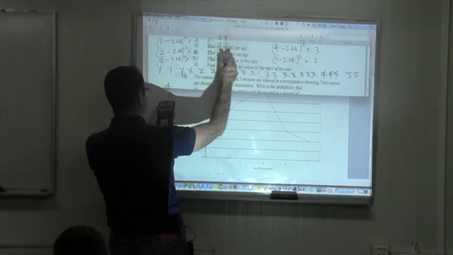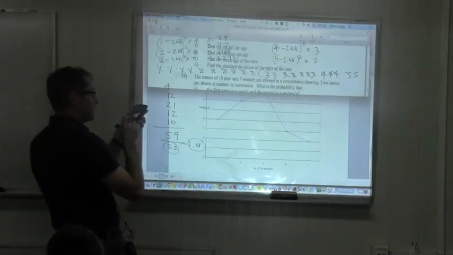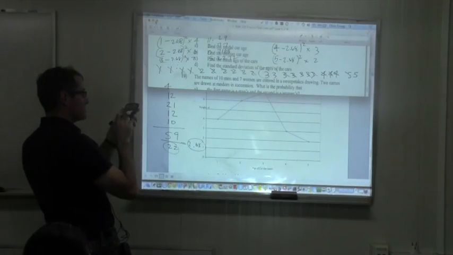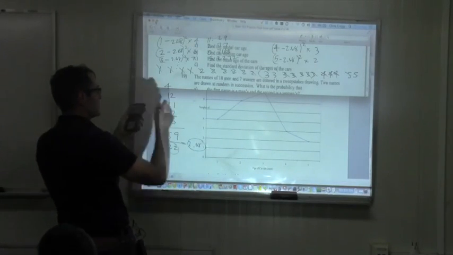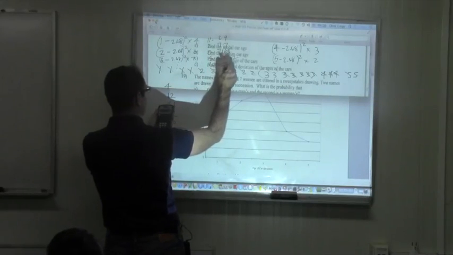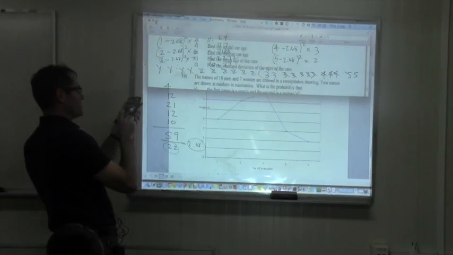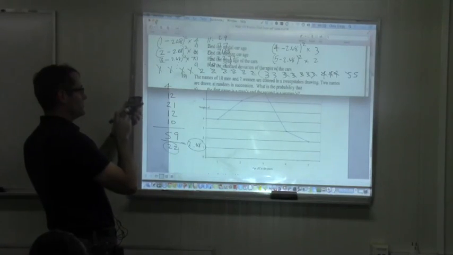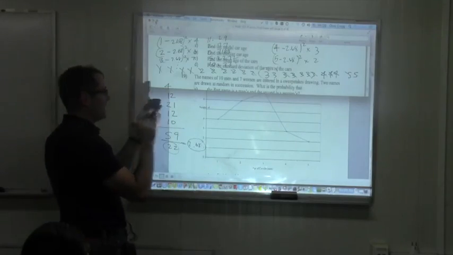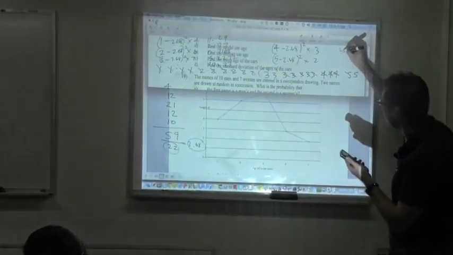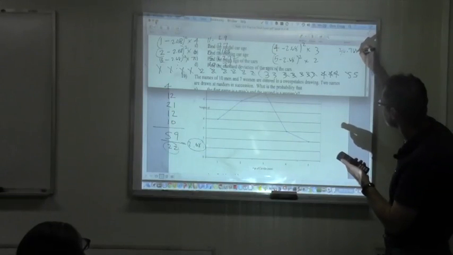I know you can't see this on here. And then 5 minus 2.68 squared times 2 is going to be 10.77. So I'm going to add all these up. 10.77 plus 5.2272 plus 0.7168 plus 2.77 plus 11.29, and I get 30.7688.